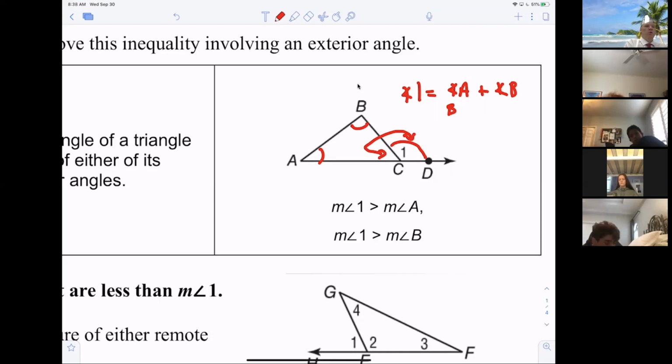But for sure, we always know that angle 1 is greater than angle A and angle B, because the whole cannot be less than the parts. Does everybody understand what I'm saying? The whole is greater than the what? The parts. The part cannot be greater than the whole. Do you understand that? That's simple. Super simple.